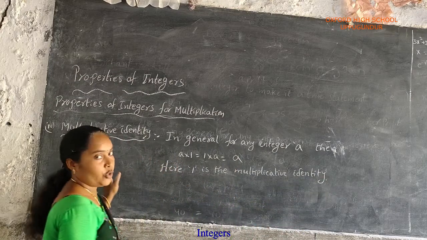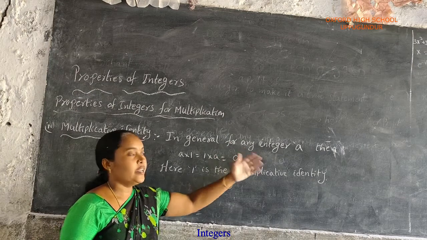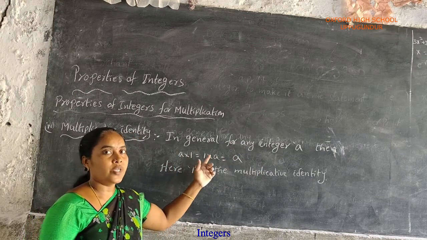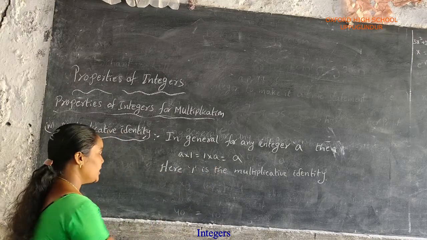Multiplicative identity, once again see: in general for any integer a, a into 1 equals 1 into a equals a. Here 1 is the multiplicative identity.